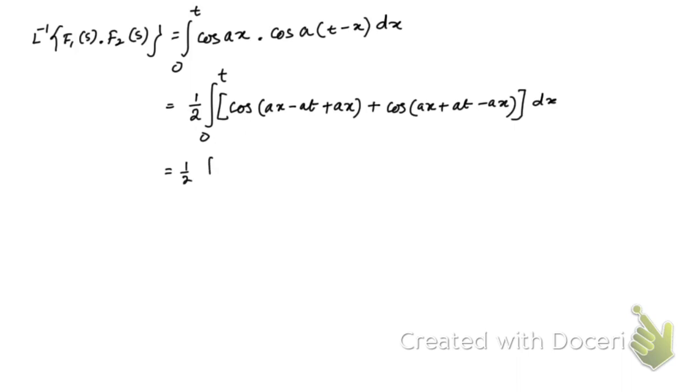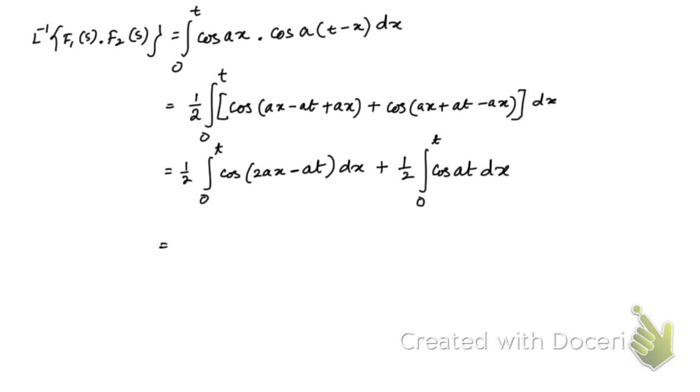So now let's integrate this. What we have done here, you see this ax, it becomes twice ax minus at. Then here this minus ax plus ax cancels, right? So we have got cos at.